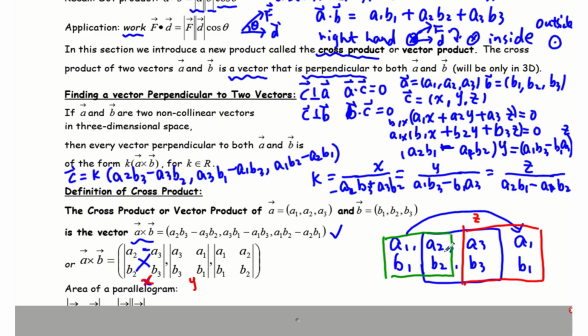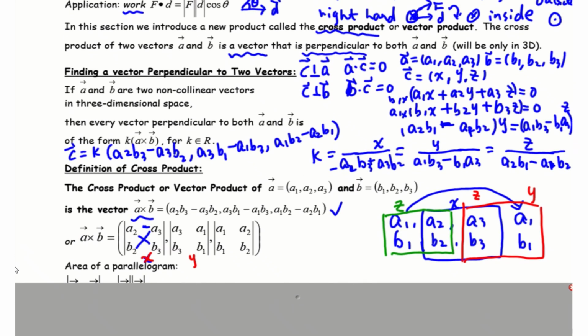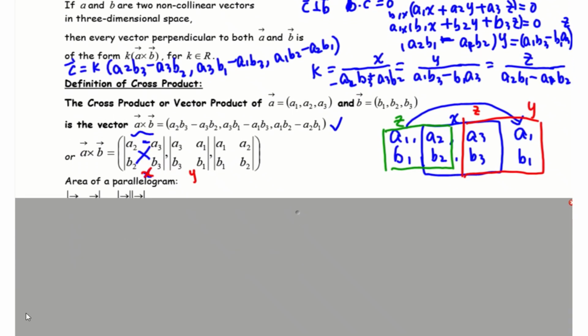By doing this, it will be easier for you to memorize this formula. So this blue box is x, the red box is y, and the green box is for z. Okay?